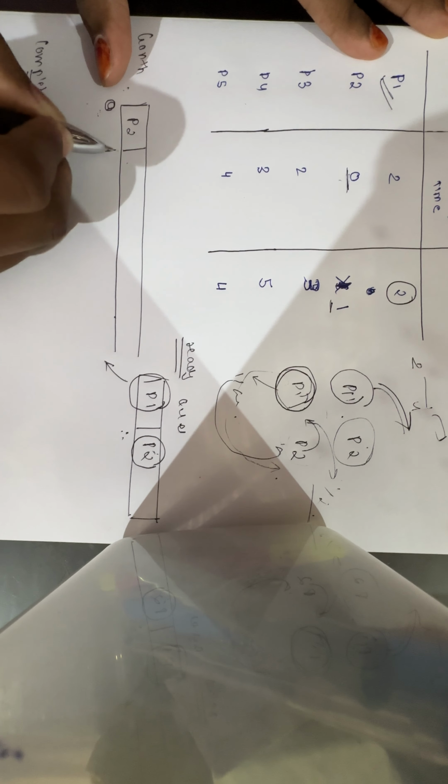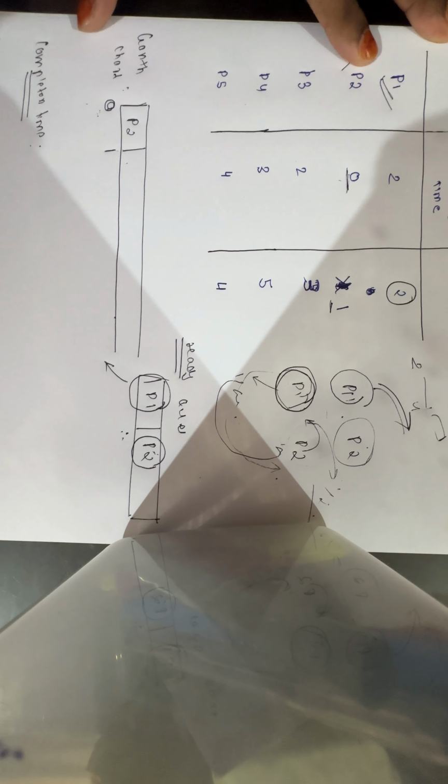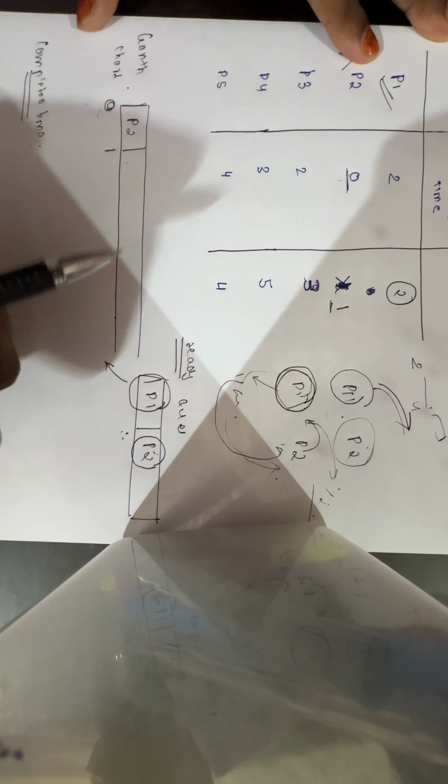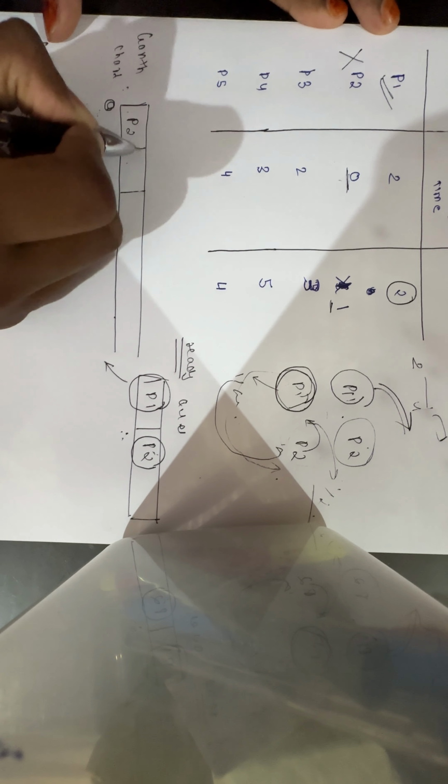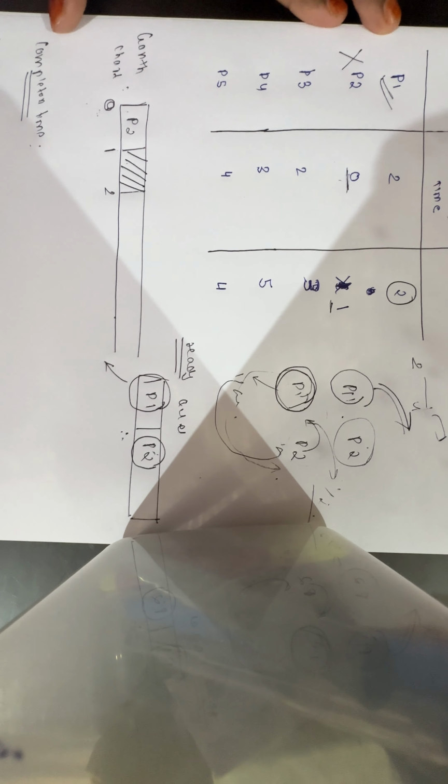P2 would execute from 0 to 1 second. Now P2 has fully completed its execution. Only after it executed, the next process would come. At 1 second, no process has come, so from 1 to 2 there is no process in the CPU.